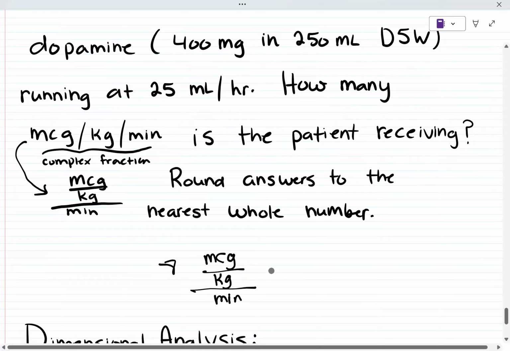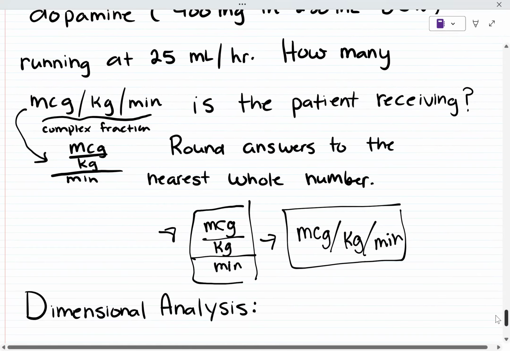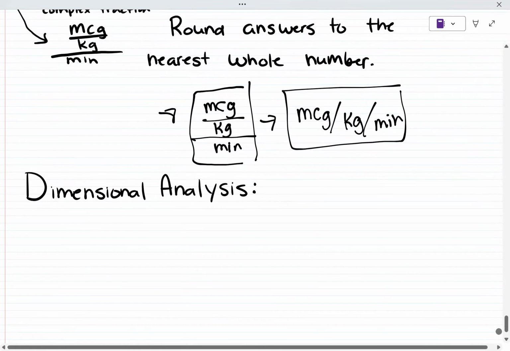You can also write it as slanted, mcg over kilograms per minute. I like this way. You can also write it like this, completely slanted. Okay, so let's start. I'm just going to finish using dimensional analysis.